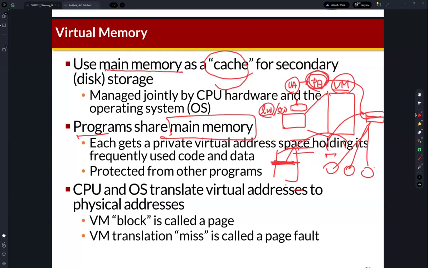The memory management unit is the hardware support for virtual memory, and the operating system provides the virtual memory space. So the CPU and the OS translate virtual addresses to physical addresses.